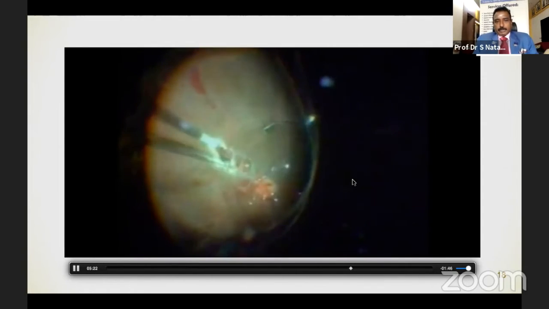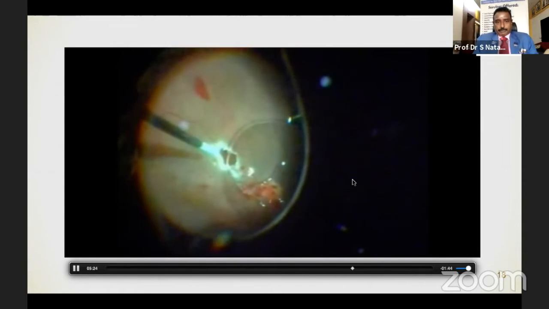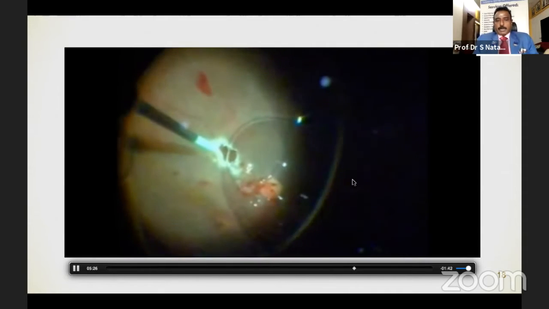Now I'm able to remove the fibrous tissue en masse, and you can see I'm having the PFCL, and then using the retinal brush, I'm going into the retinal break and doing an endodrainage and fluid air exchange, so that the entire retina is flat. You can see the retina between the optic disc and the break is also flat, indicating that there is no traction, and the PFCL makes sure the retina is flat.